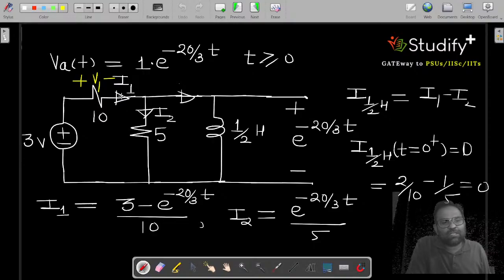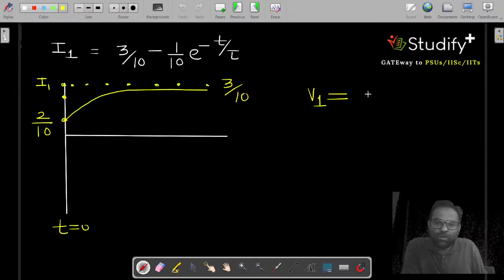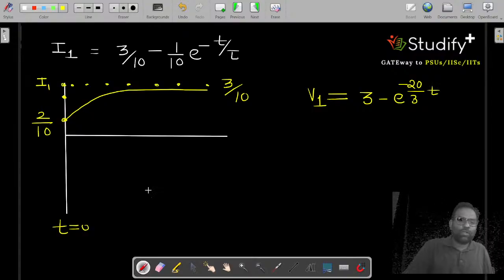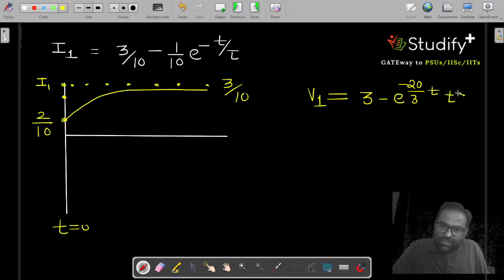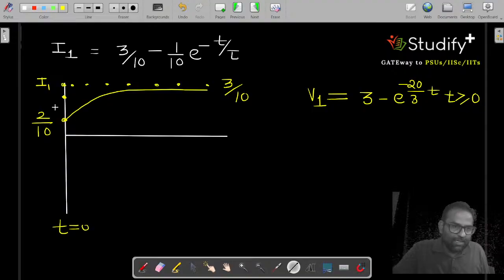The voltage across the 10 ohm resistance, and this voltage is 3 minus e to the power minus 20 by 3 t. And we can draw the voltage also. So what is the voltage at t equal to 0? As you know, all differential equations are valid for t greater than or equal to 0. But suppose I am interested in the voltage. How can I write the voltage V1?